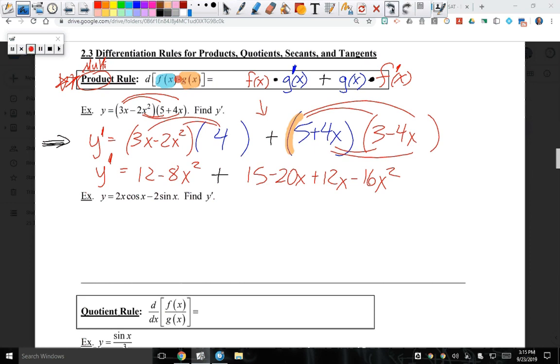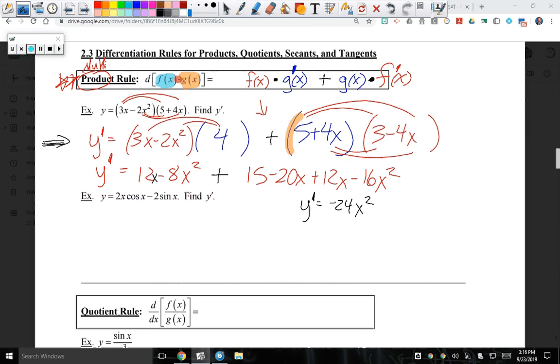So combining all like terms, what's the biggest power that you see? Okay, so we have y prime equals negative 24x squared. How many x's do you see? There should be an x at the 12x. Oh, there should, okay, I don't know why I didn't write that there.